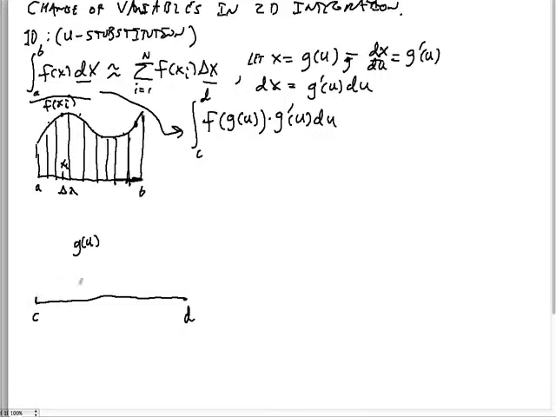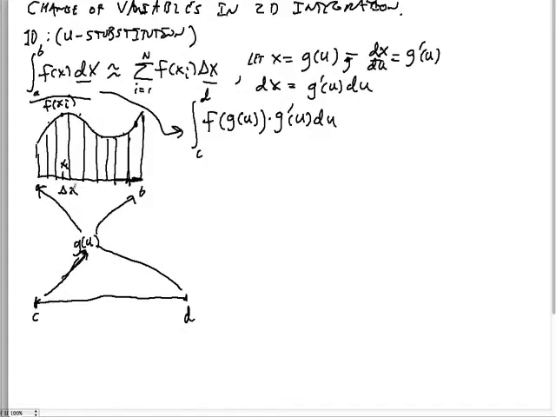They might be completely different values from a and b. The idea is that c should map to a, and d will map to b. And it could actually be the opposite way: d maps to a and c maps to b, that's okay as well. But we'll just think of this as a schematic example.